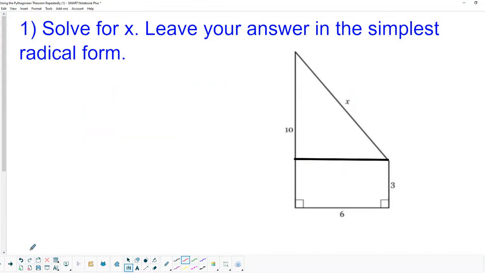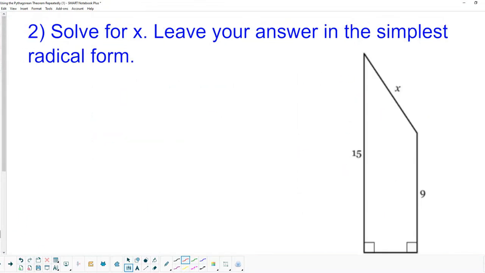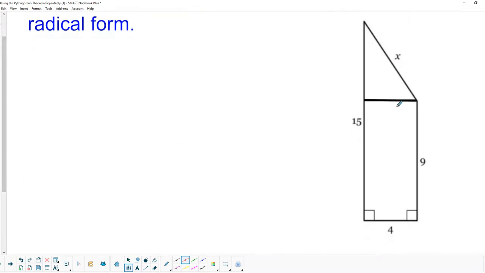Okay. For the next problem, we have a shape that looks like this. So we're going to put a line across the top there to create a right triangle. We know that if we look at the entire shape, the base is 4.